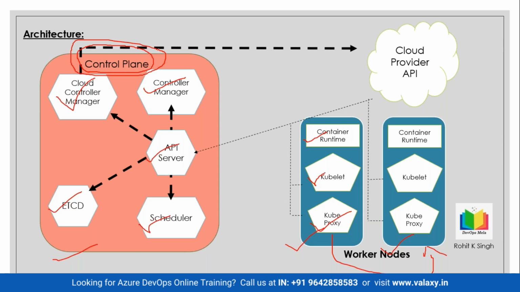In that aeroplane, kubelet is your pilot. Now if the aeroplane wants to land on Mumbai airport, for example, he will reach out to the ATC.